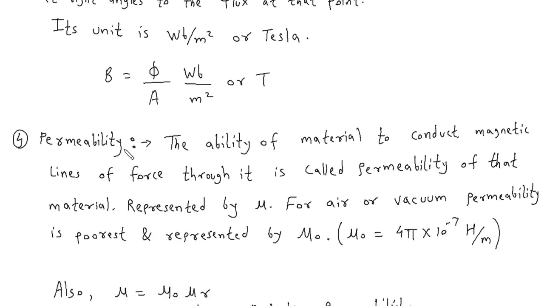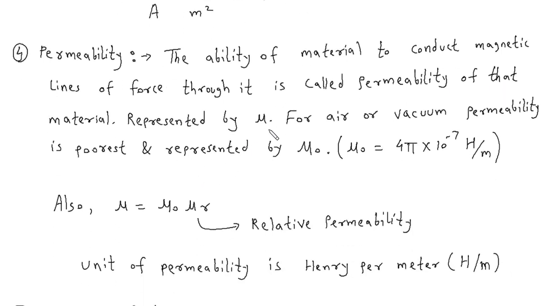Next is permeability. The ability of material to conduct magnetic lines of force through it is called permeability of that material. It is represented by mu. It is a Greek letter. For air or vacuum, permeability is poorest and represented by mu 0.